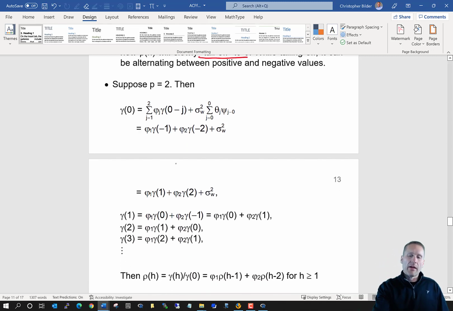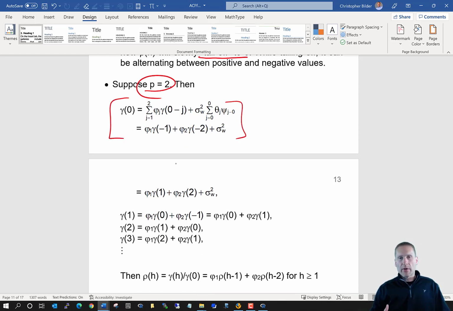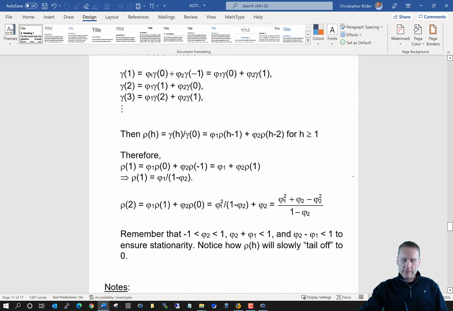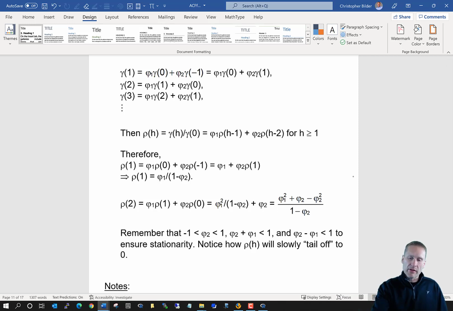When we have p equal to 2, we can again use that second expression for the autocovariance function to find a convenient representation for the autocovariance and also for the autocorrelation. What we end up with, which is kind of interesting, is phi 1 times the autocorrelation at lag h minus 1 plus phi 2 times the autocorrelation at lag h minus 2.